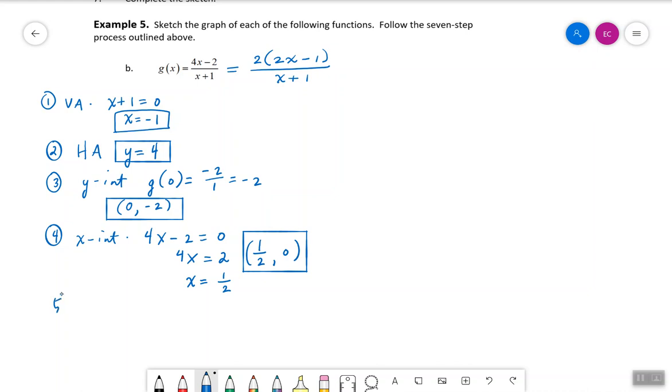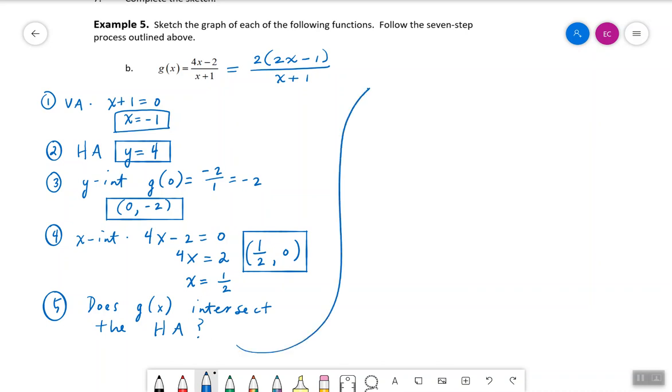Step 5. Does the graph cross the horizontal asymptote? Does g of x intersect the horizontal asymptote? And so remember how we did this? We said we want to solve the equation where we set the function equal to the horizontal asymptote.